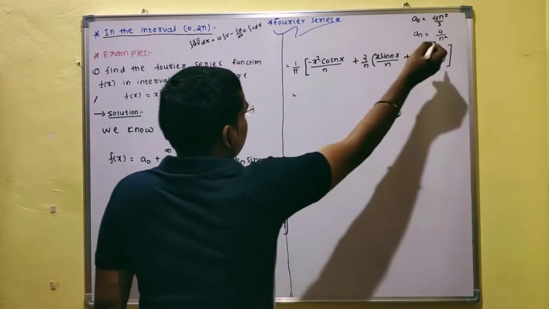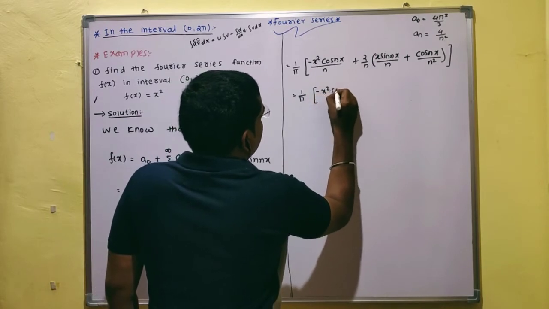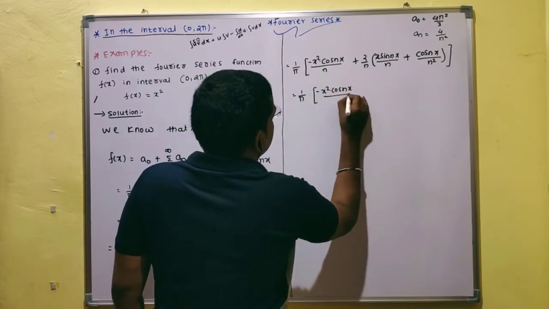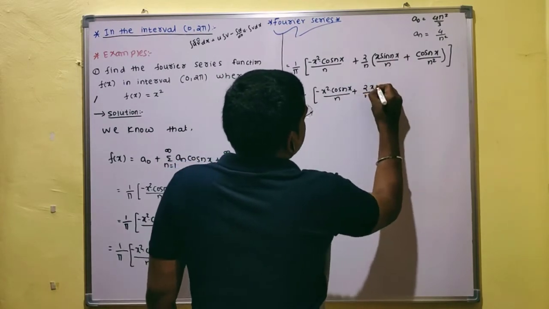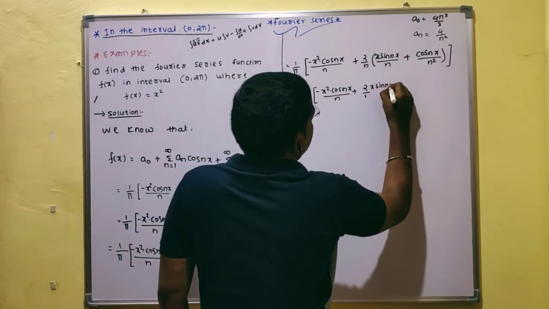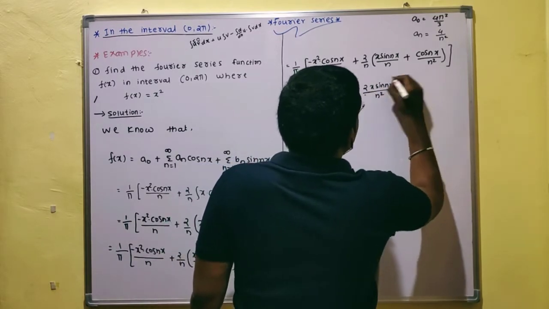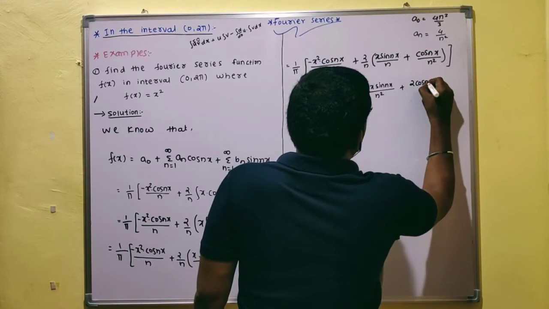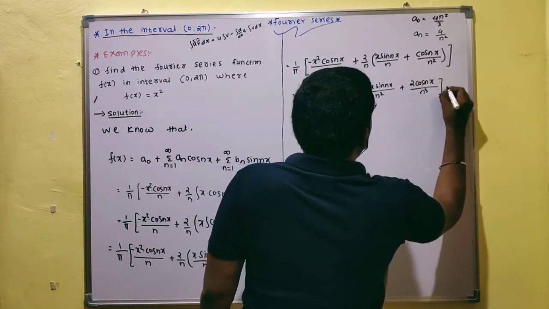Now multiply this 2 by n under that bracket: 1 upon pi, minus x square into cos nx upon n plus 2 by n, 2x sin nx upon n into n, that is n square, plus 2 cos nx upon n square into n, that is n cube, and the limiting value is 0 to 2 pi.